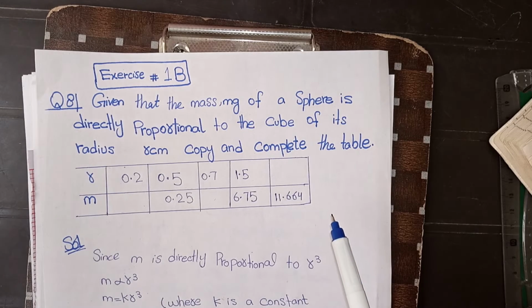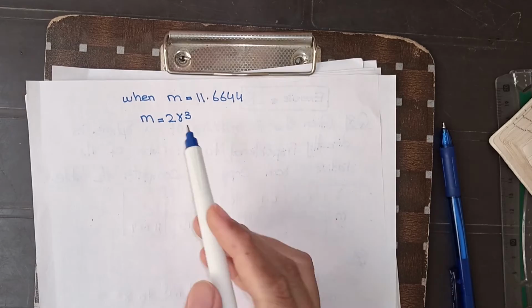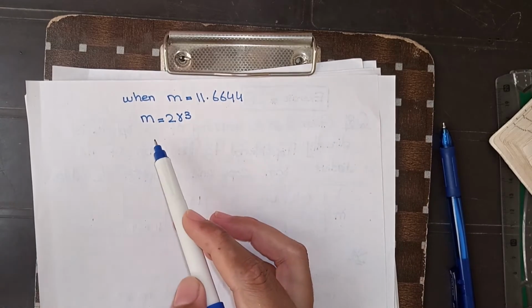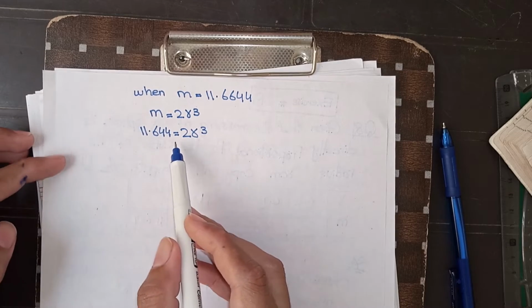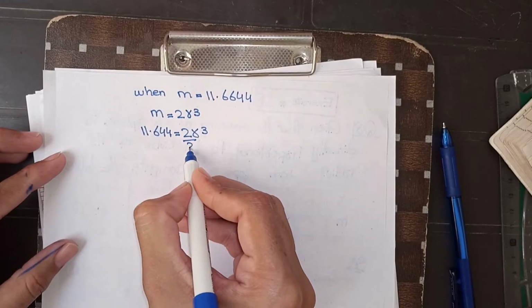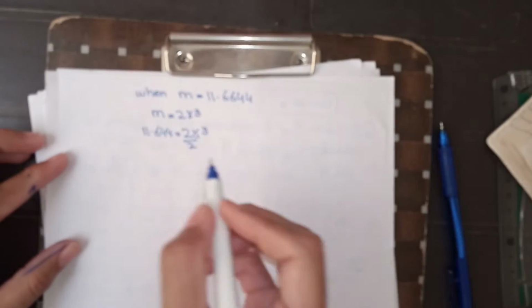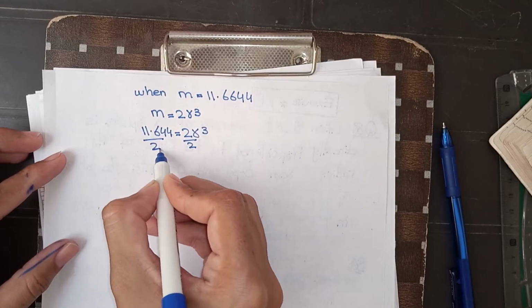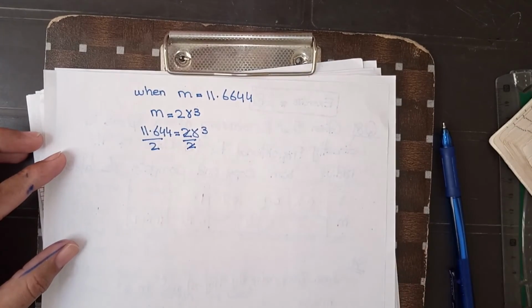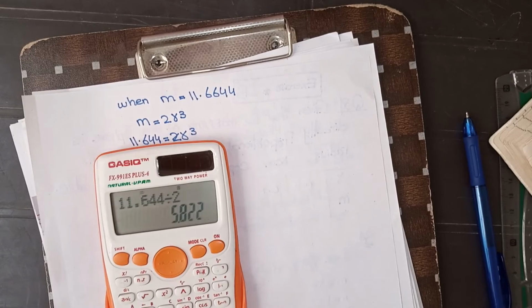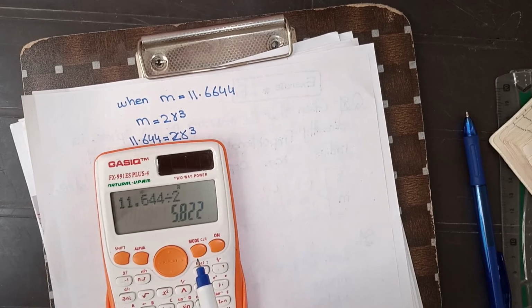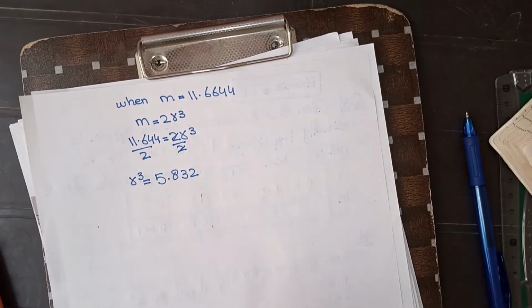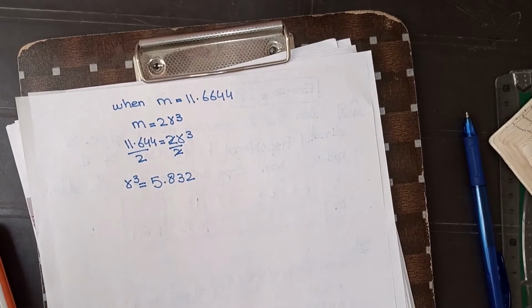Okay, when we take m is equal to 11.664, put the value of m in that equation. Find the value of r. We are going to divide by 2 on both sides. 2 cancels out and r cube will be 5.832. But we need to find the value of r. Here is r cube.